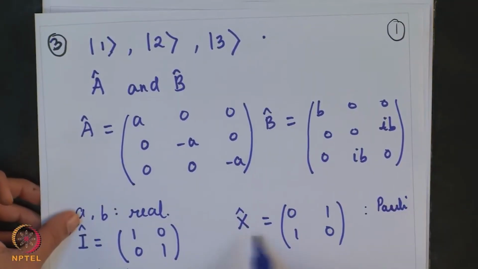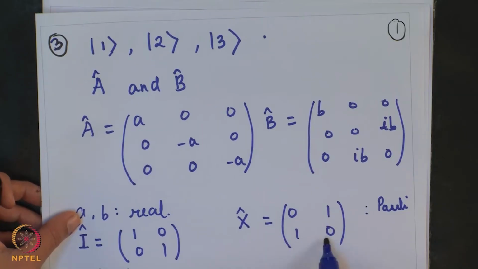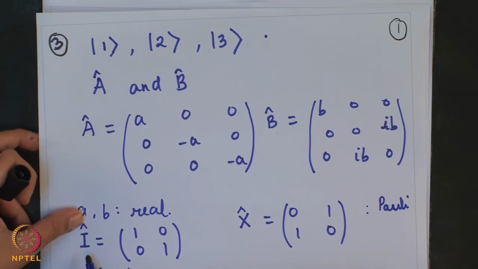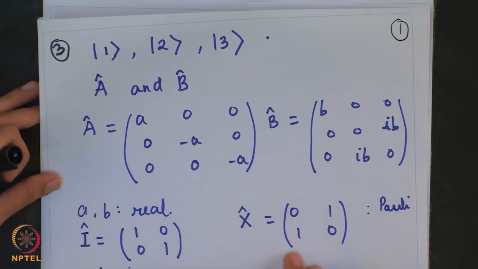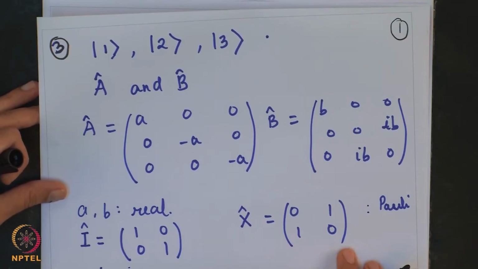So, this was the operator X, 0 1 1 0, and this is the identity operator I, which is 1 0 0 1. Okay. And you can see from here that X is a Hermitian operator.